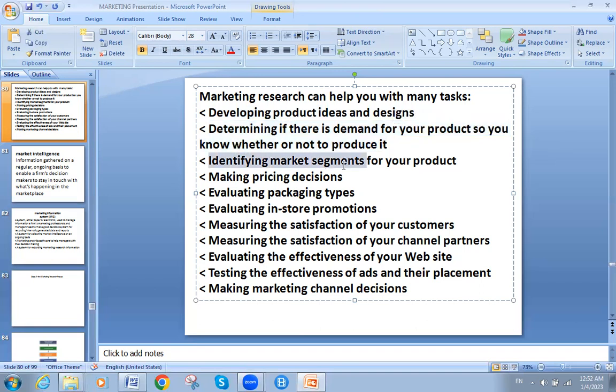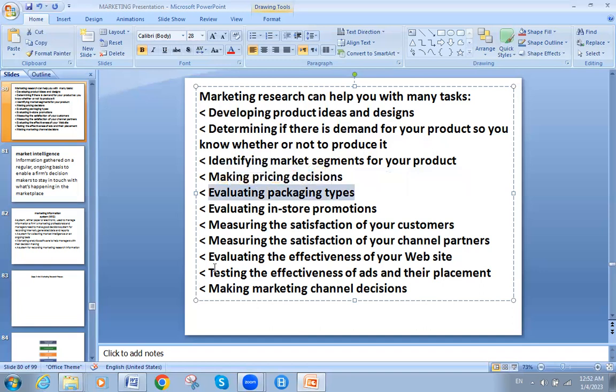Identify market segments. You divide the market into parts, each part with a separate 4Ps for your product. Making pricing decisions. Marketing research will also help you know what price to put on your product. Evaluating packaging types. You will ask the people, how about the package?